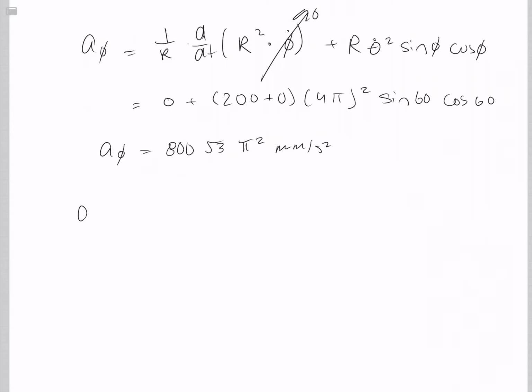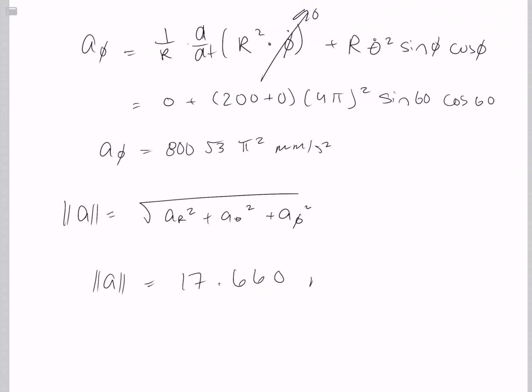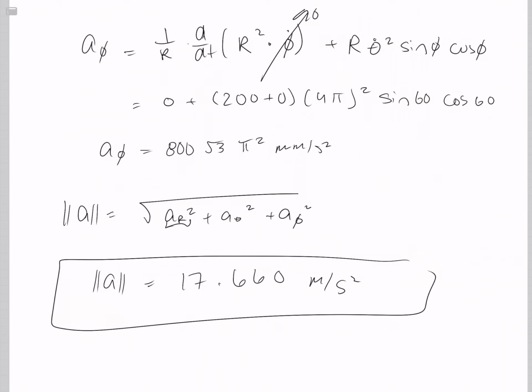Because this is a vector, you can take the square root of the sum of the squares of each of the components, and now you can find the magnitude of acceleration at the max velocity, and that will be 17.66 meters per second squared. And that is using the components of acceleration and the values of r and theta to get phi and theta.